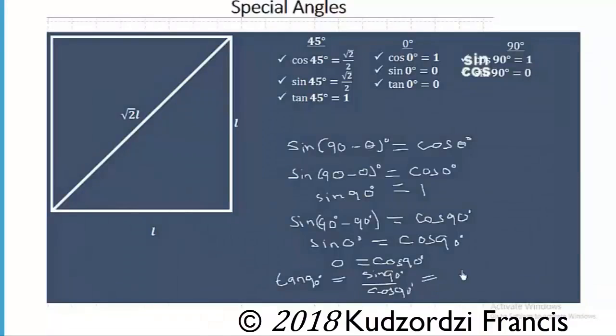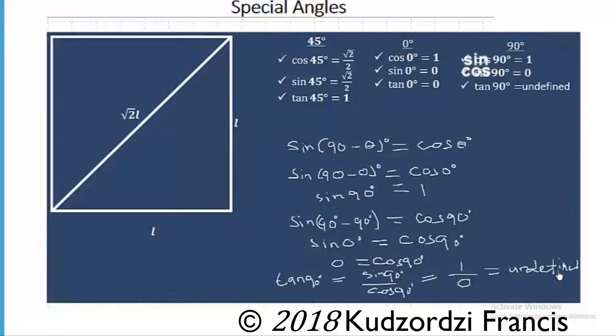And this will give us 1 over 0, and 1 over 0 is not defined. So it's undefined. So tan 90 is not defined.